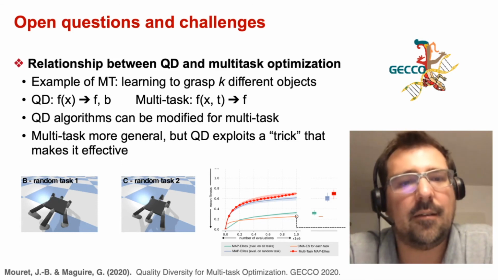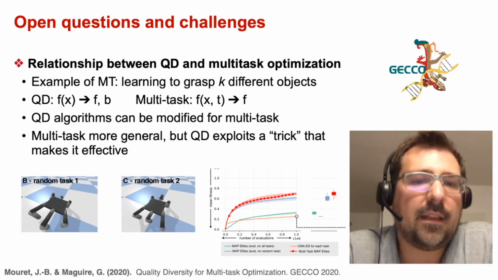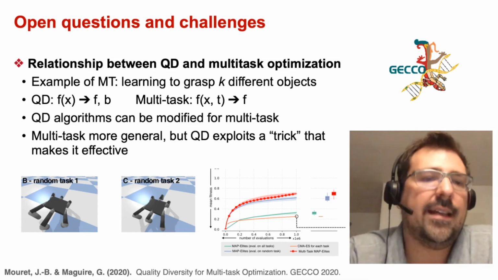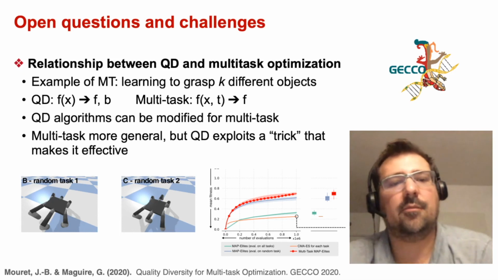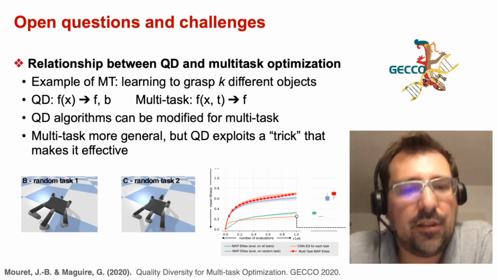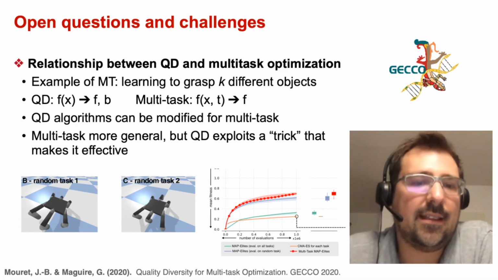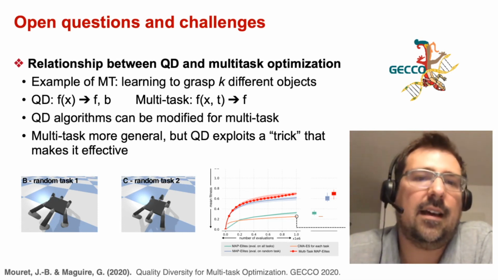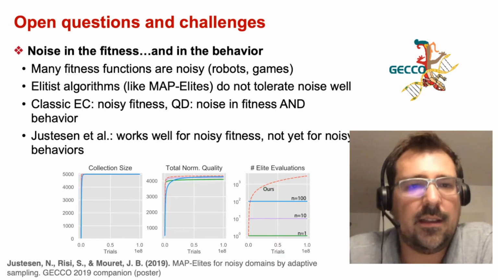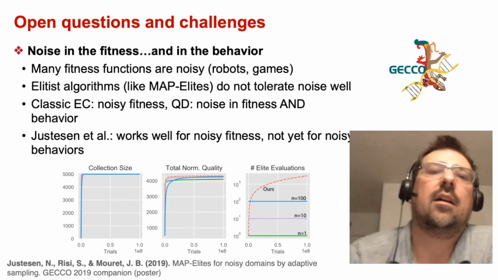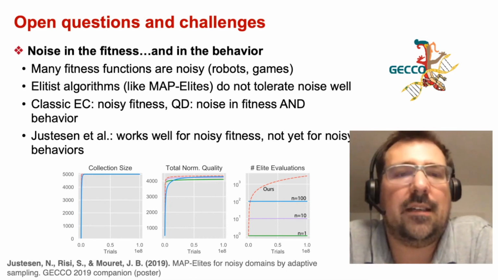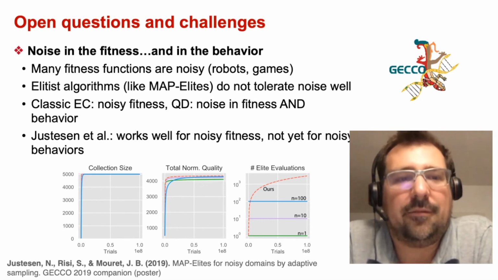It's not something you can derive as a behavior descriptor. But as we show, QD algorithms can be modified for multitask optimization. I think we should continue to investigate this relationship because multitask optimization is a more generic field, more impactful maybe.